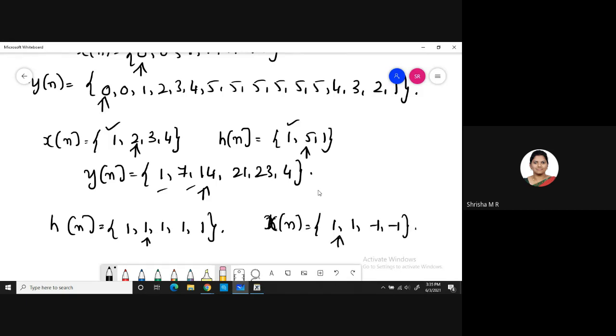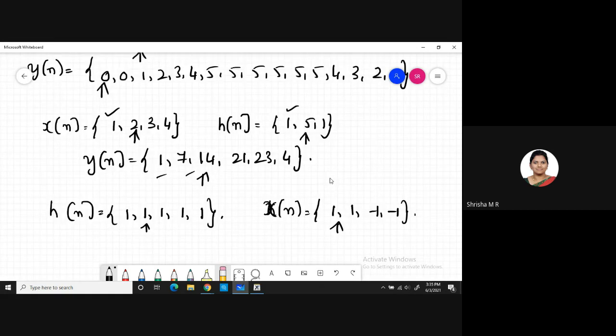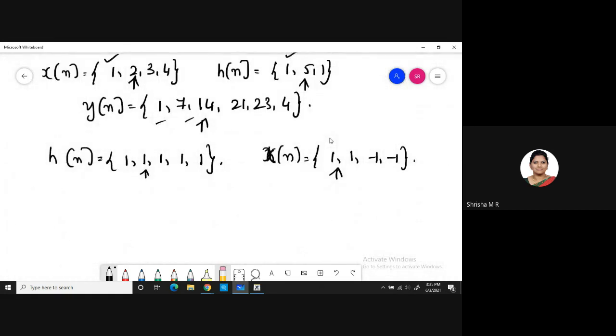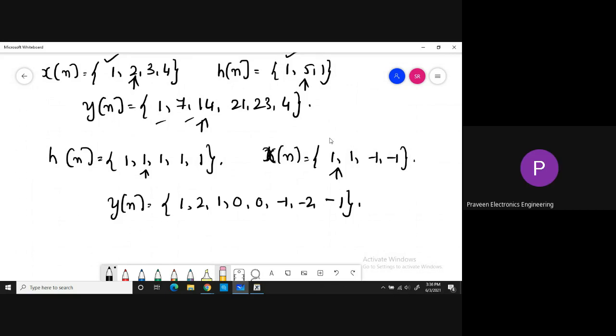This was the origin for this first term. What did you get as the answer, y of n? Tell me. 1, 2, 1, 0, 0, minus 1, minus 2, minus 1. Did everyone get the same? And where will the origin be? At 2, ma'am. Did you all get the same for this problem? Yes, ma'am.